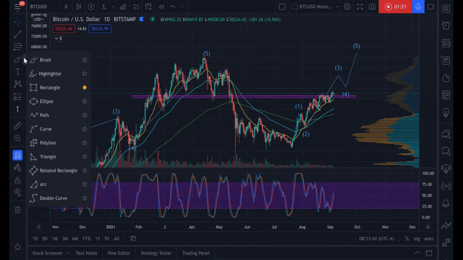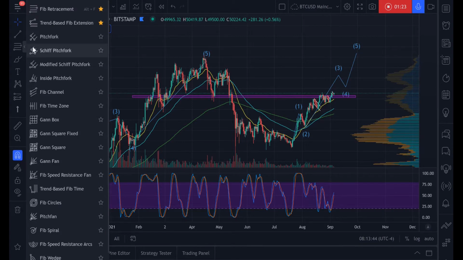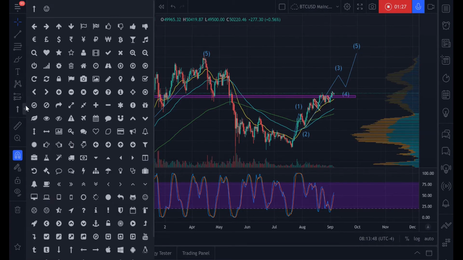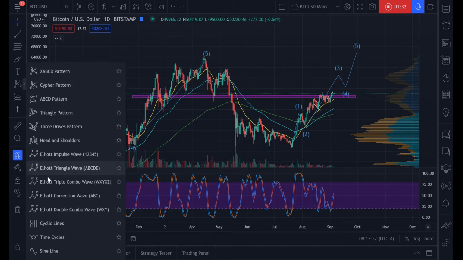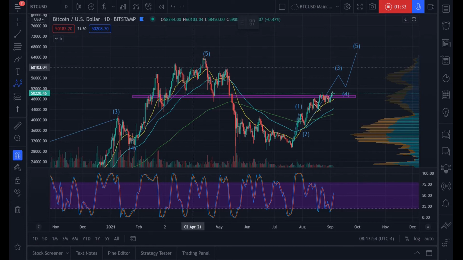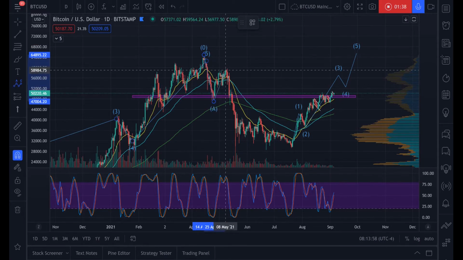All right, here we go. This is the A wave of the correction for the bearish scenario.